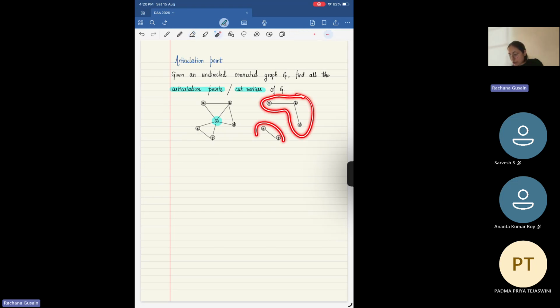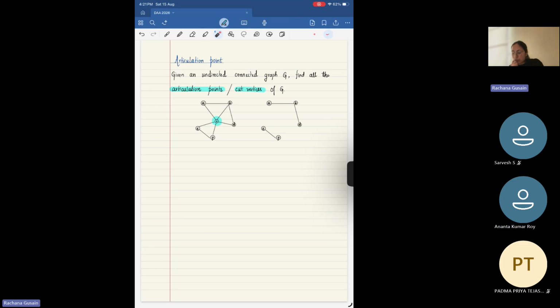You get two different components in the graph. There is no path from E to D. There is no path from a vertex in this component to a vertex in this component. So removing C disconnects my graph, and therefore C is a cut vertex. Is this clear? Yes, ma'am.